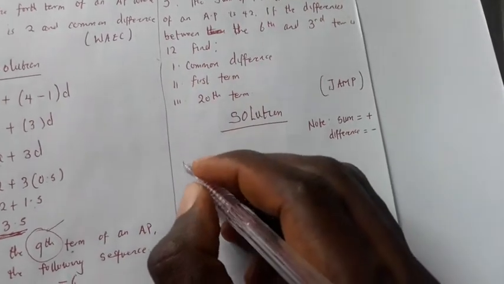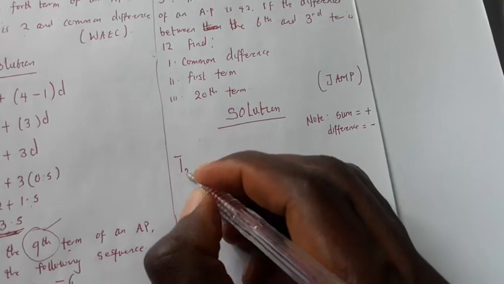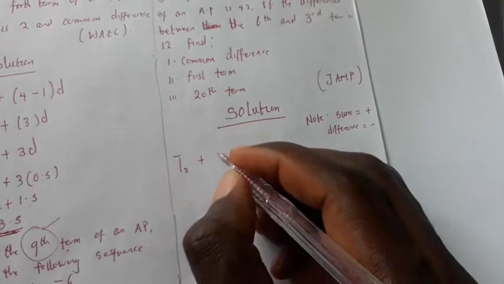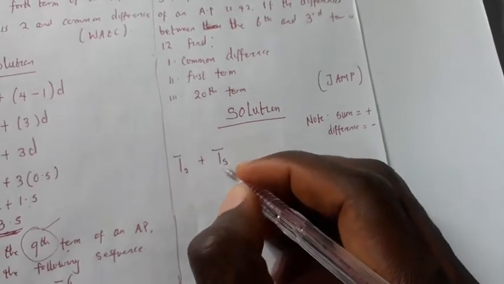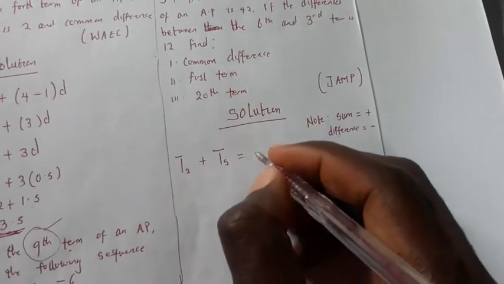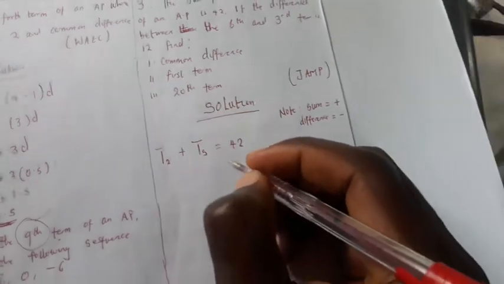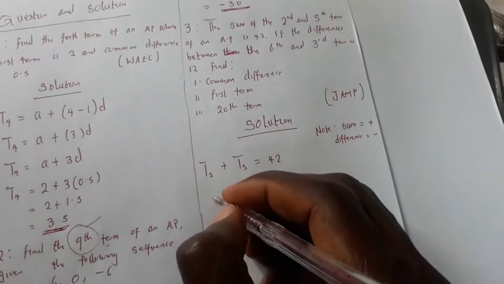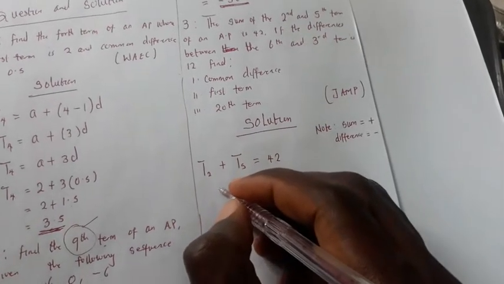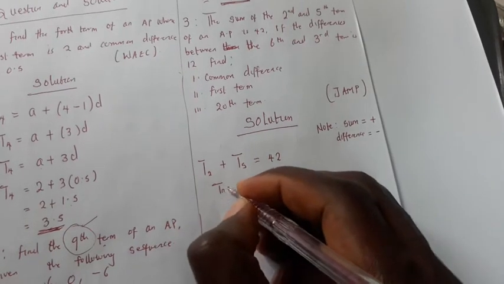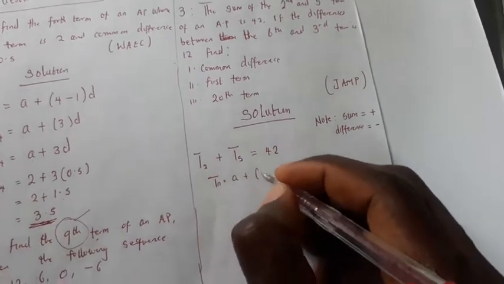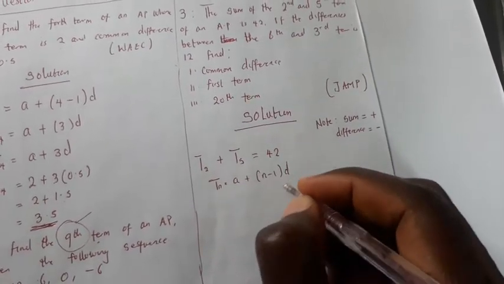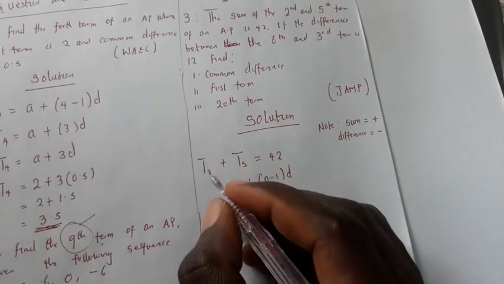We have T2 for the second term plus T5 for the fifth term to be equals to 42. Let's write our T2 down using our general formula. The general formula is Tn equals to A plus n minus 1 bracket D. So let's substitute 2.